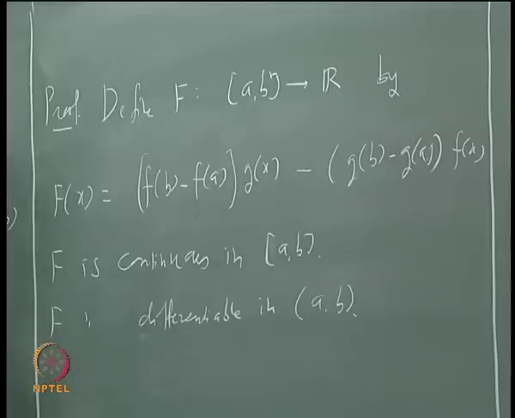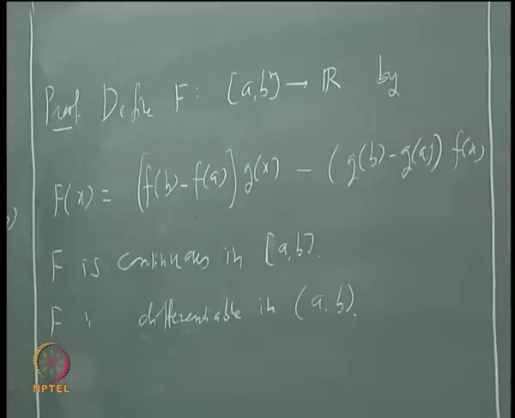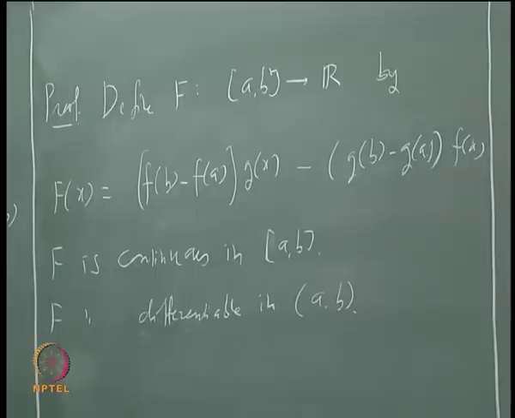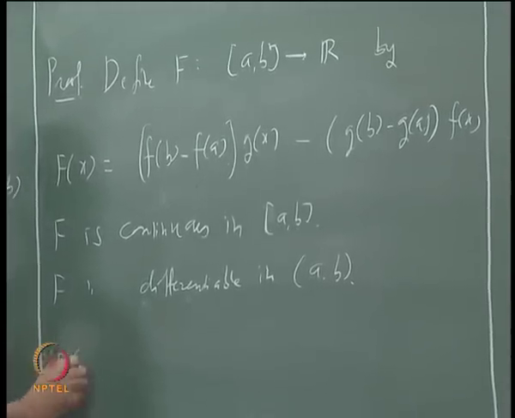So the final step is, hence by Rolle's theorem, we can say... Oh right, this is something I forgot yesterday also. We need to check the values of F at a and b. So what is big F at a?